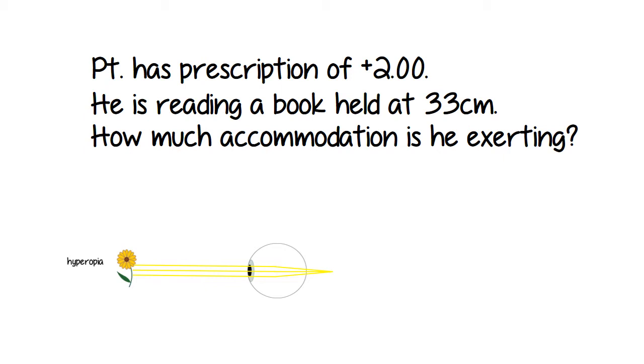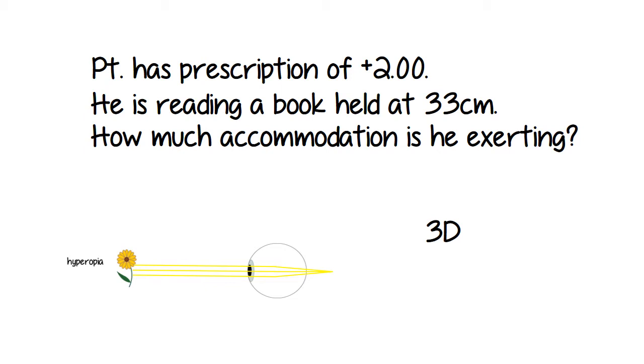First, we're going to find out how much it would take an emmetropic patient to read at 33 centimeters. In other words, we're not going to pay attention to the +2 first. We're going to figure out what dioptric power is needed to read at 33 centimeters for an emmetropic eye. So that's 100 divided by 33, and we find out it's 3 diopters that's needed.